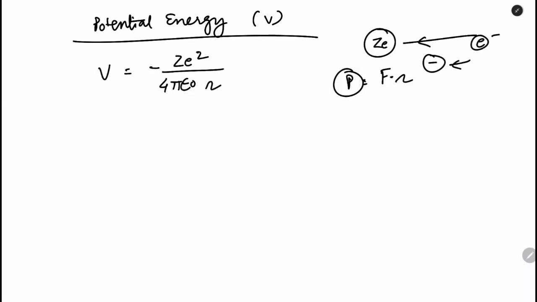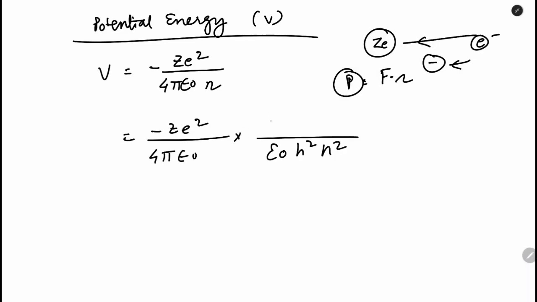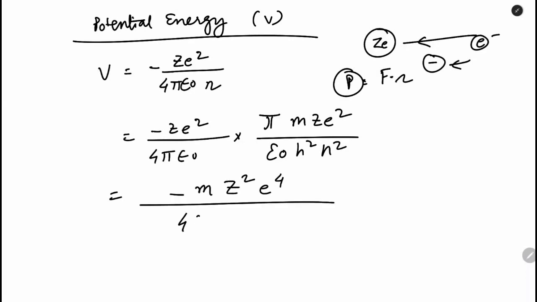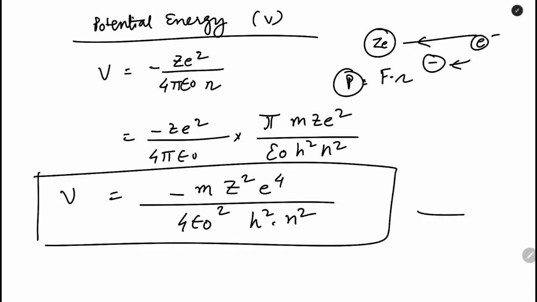So we will have Ze² divided by 4πε₀ into r, which will come eventually as Ze² divided by 4πε₀, and we will have the value of r. So e²h²n² equal to πmZ², and it will come eventually as minus mZ²e⁴ divided by 4ε₀²h²n². So this is the value of potential energy.